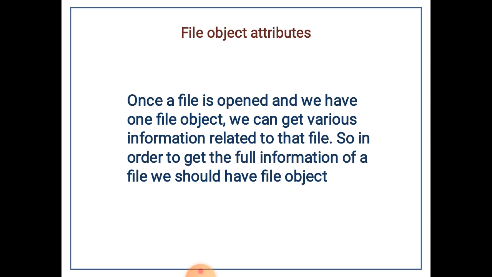So once a file is opened and we have the file object, then we can get the various information related to that file. In order to know the full information of a file, we should know about the file object.